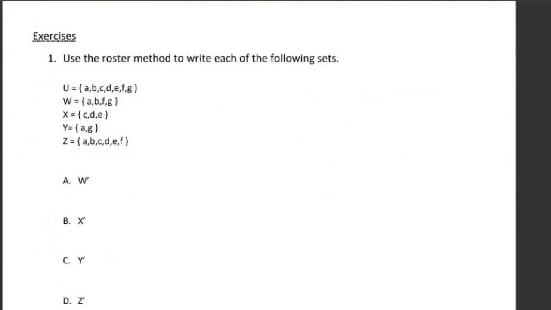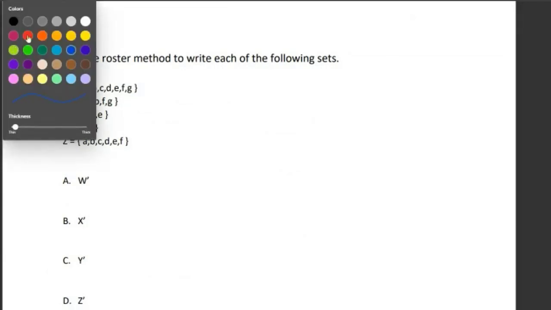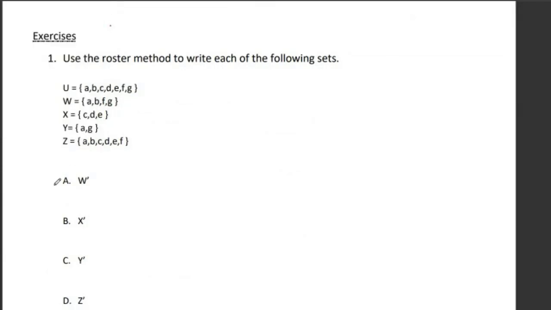So it says on exercise 1, use the roster method to write each of the following sets. So remember, anytime you see that tick mark, it is going to be the complement of a set. So the complement of A would be what is not in set A, but is in universal set.